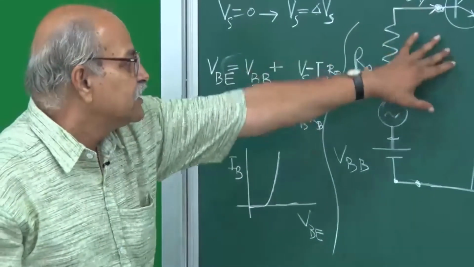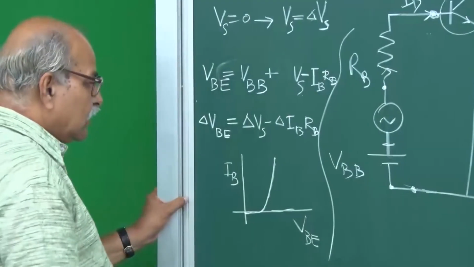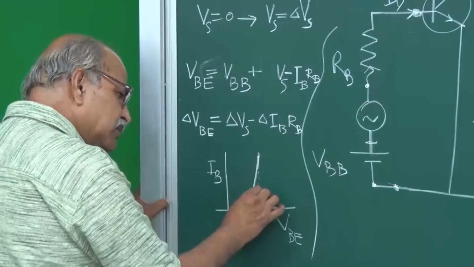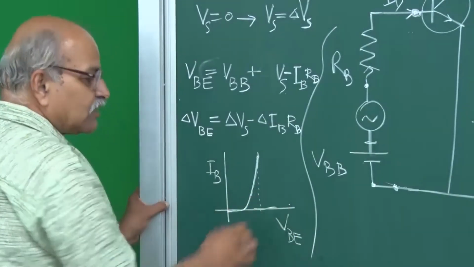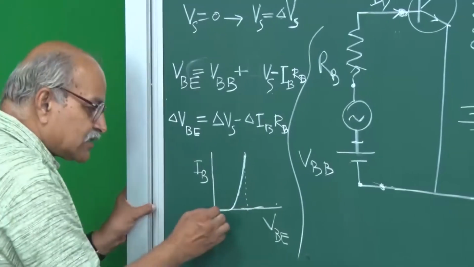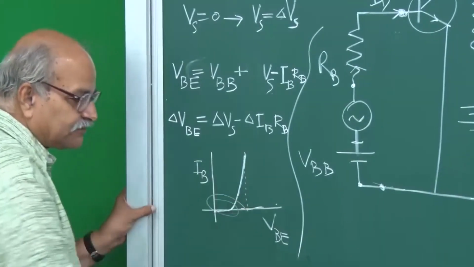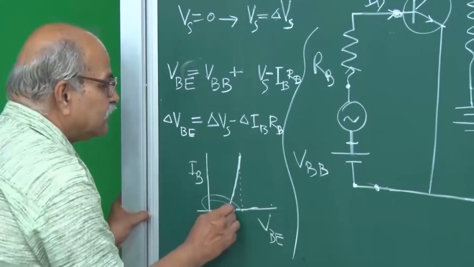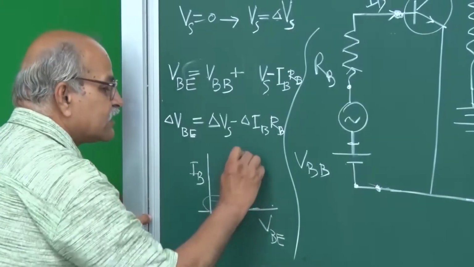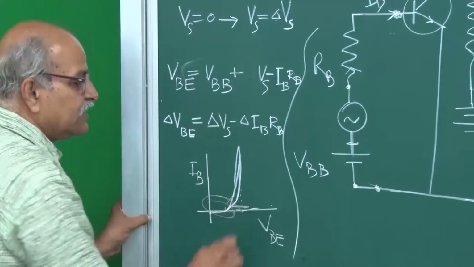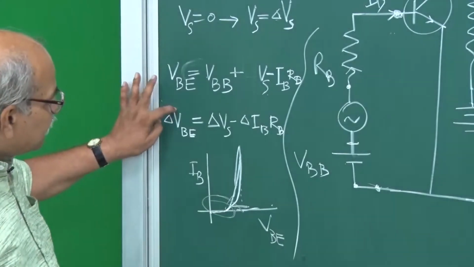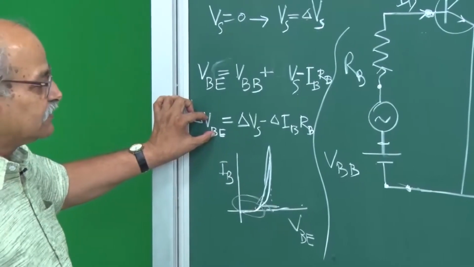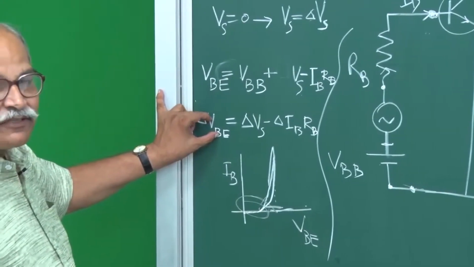This VBE has almost a fixed value. You cannot go beyond that. If it is too low, then you are in the cutoff region. Your current is 0 or almost 0, and then suddenly it rises. So you cannot really change this VBE much. So this delta VBE, that means change in VBE because of this signal, is going to be very small.